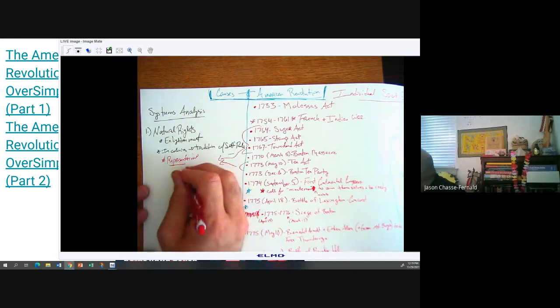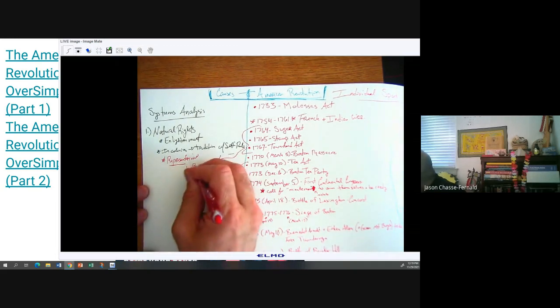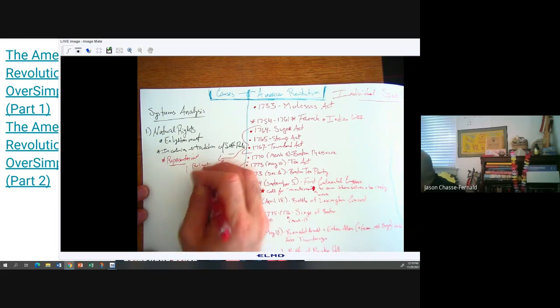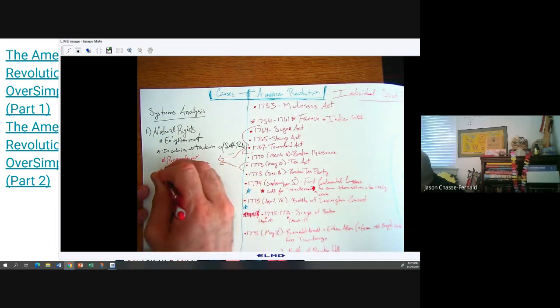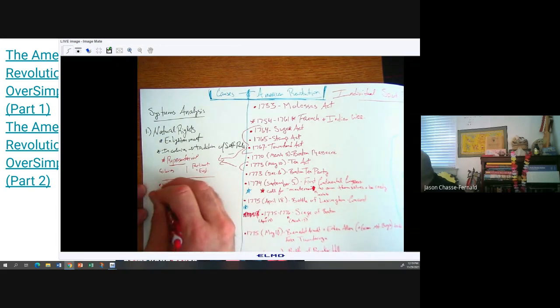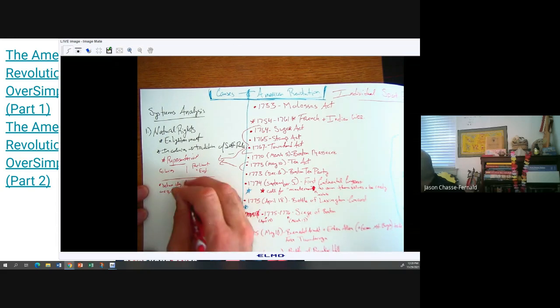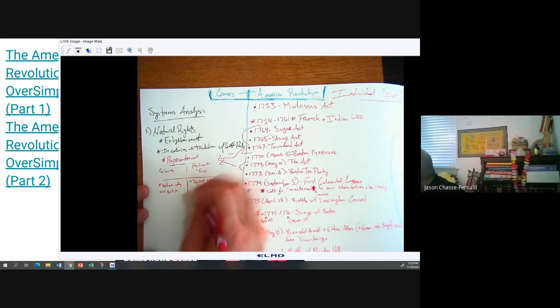And of course, you've got two different groups over here, right? You've got Parliament, and let's just say England, and then you have the colonies. These people believe they are British, whereas these people do not believe colonists are British.